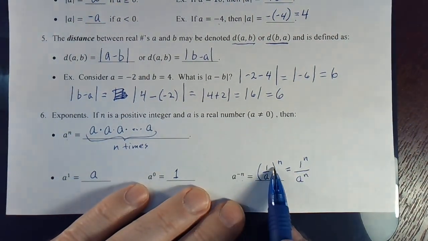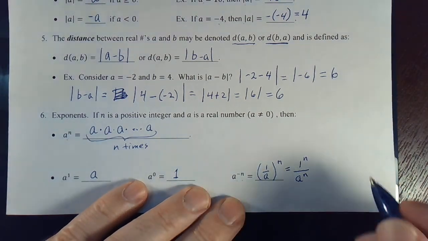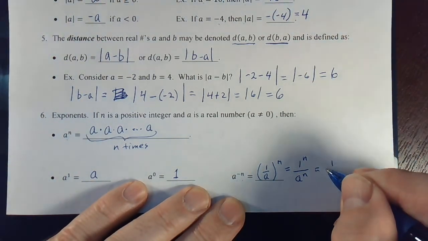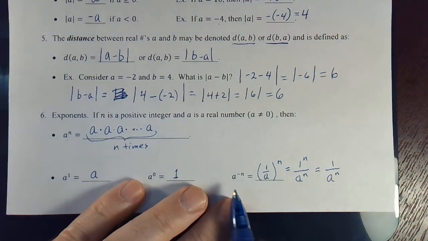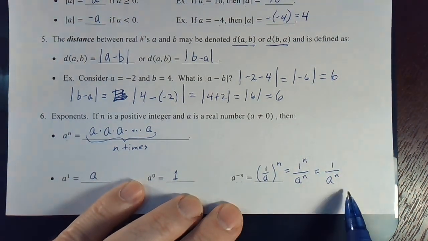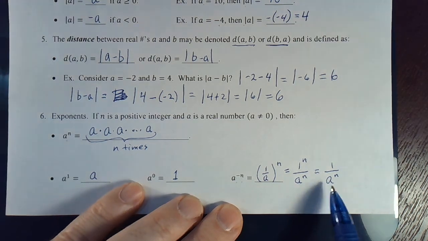That's just a rule of exponents. You have a fraction raised to an exponent. You can raise the numerator and the denominator both to that exponent. And that simplifies to simply 1 over a to the n power. So a to the negative n is equal to 1 over a to the positive n.